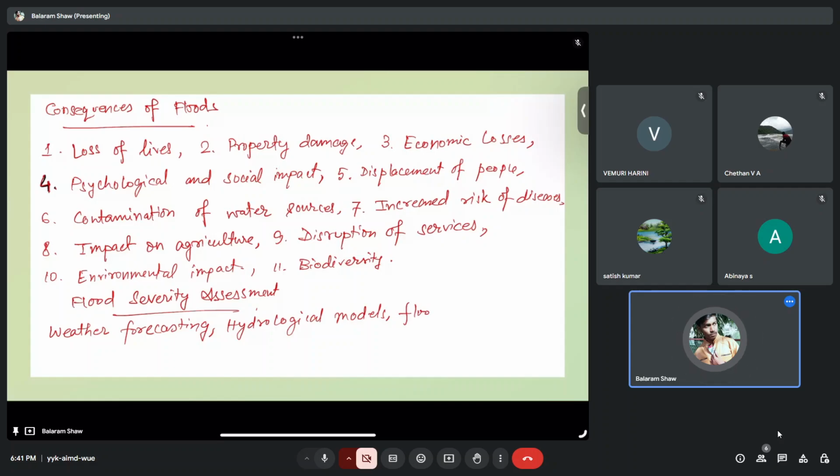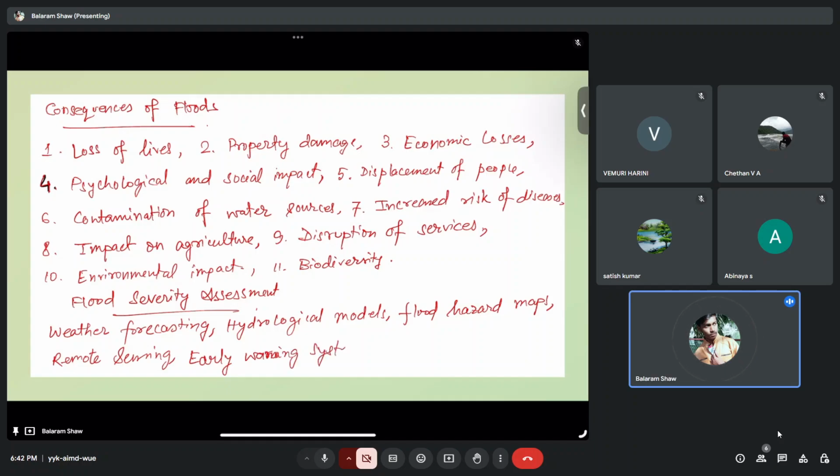So with that we can create the flood hazard maps, right? How much area is inundated, if you see in the maps we can call that flood hazard maps, right? We use remote sensing products to get to know how it has affected or is affecting. If we have real time data, it will help us, right? Then based on all this, if we forecast it properly, we do the early warning system.